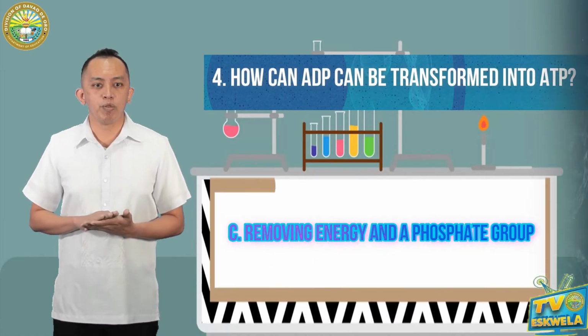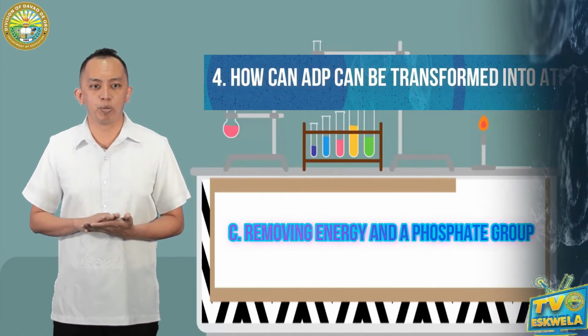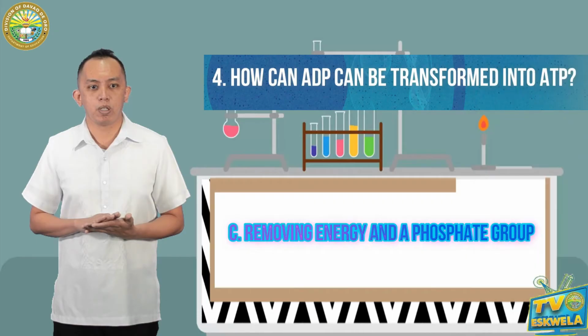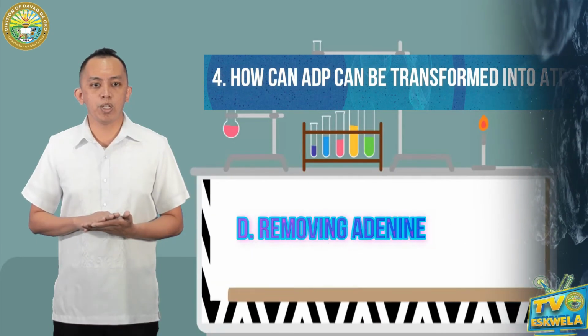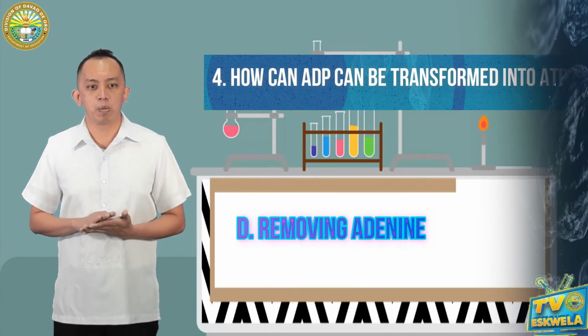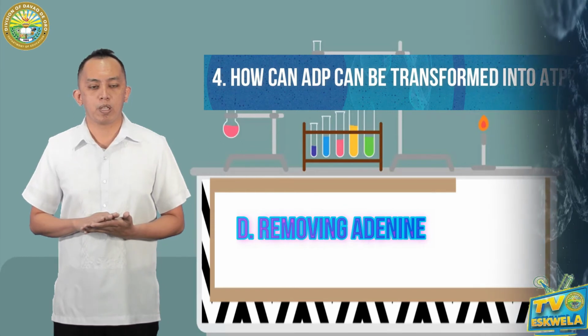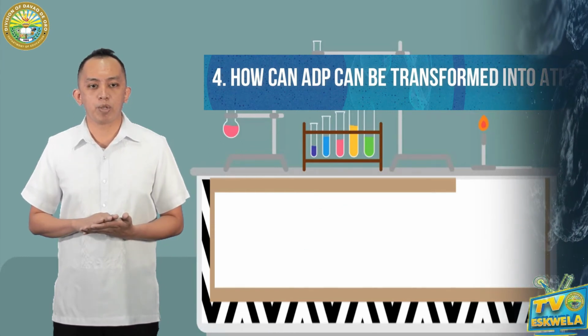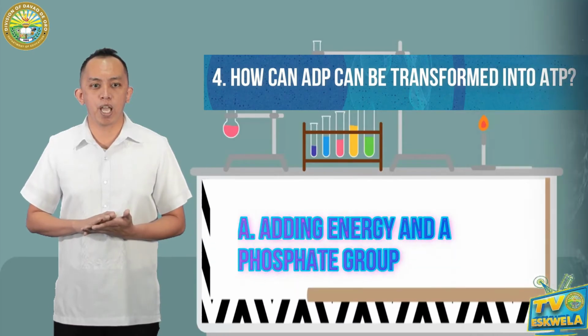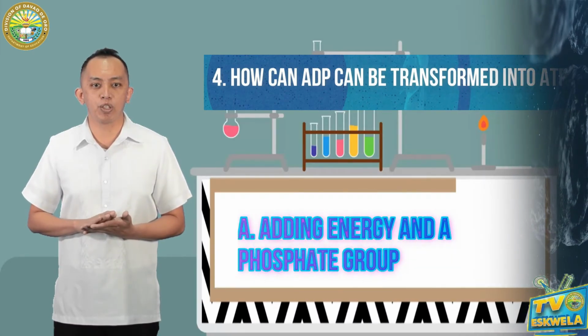Letter C, removing energy and a phosphate group. Letter D, removing adenine. Time's up. The correct answer is letter A, adding energy and a phosphate group.